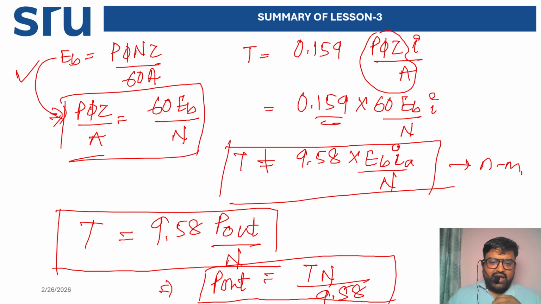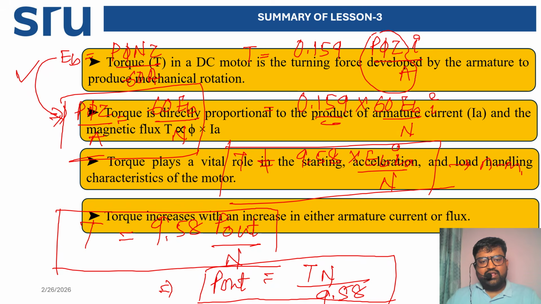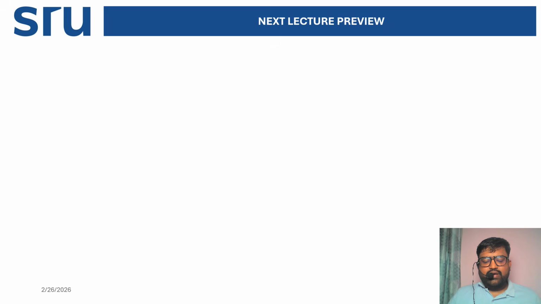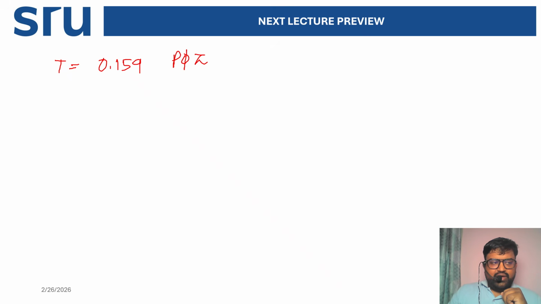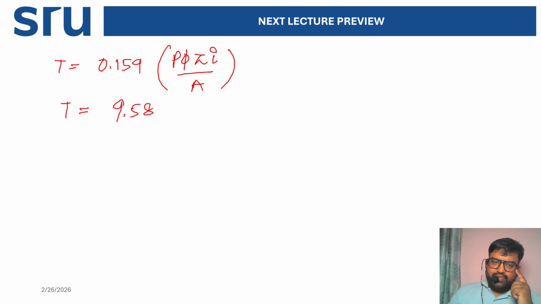If you summarize this concept: one torque equation we derived, that is 0.159 P phi Z I by A. Another equation is torque equal to 9.58 into EB into I by N, right?